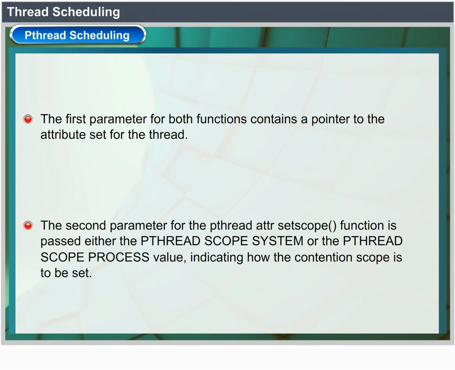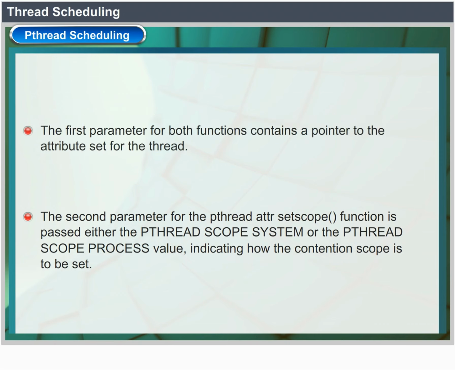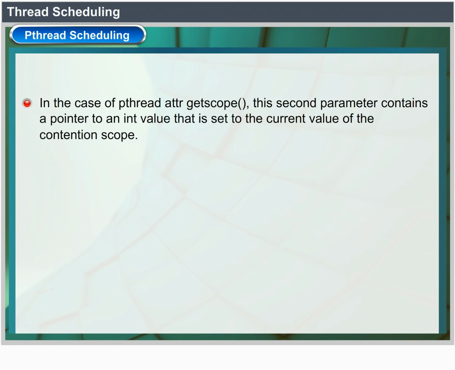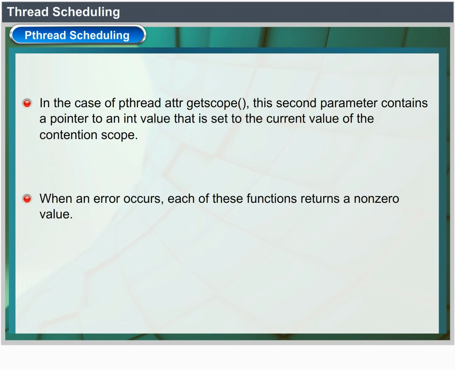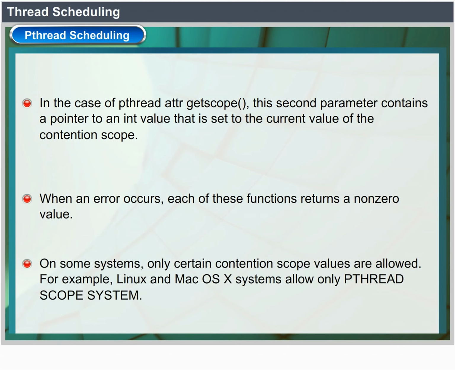In the case of the pthread_attr_getscope function, the second parameter contains a pointer to an int value that is set to the current value of the contention scope. If an error occurs, each of these functions returns a non-zero value. On some systems, only certain contention scope values are allowed. For example, Linux and Mac OS X systems allow only PTHREAD_SCOPE_SYSTEM.